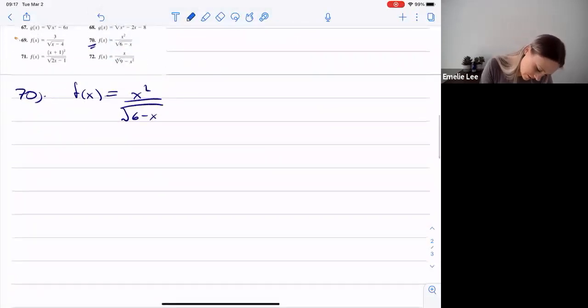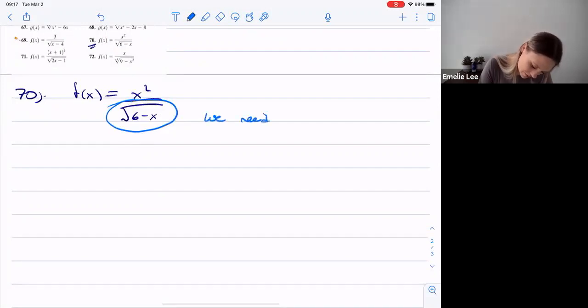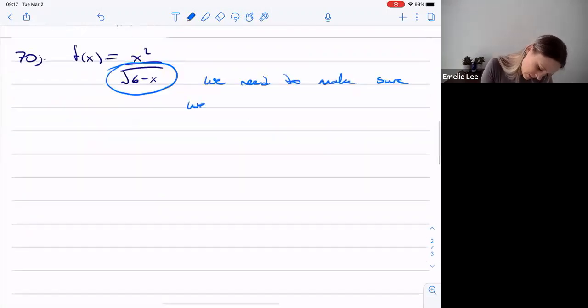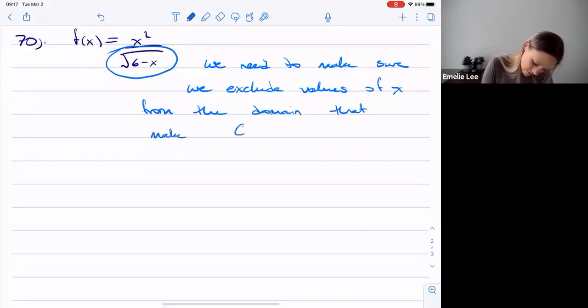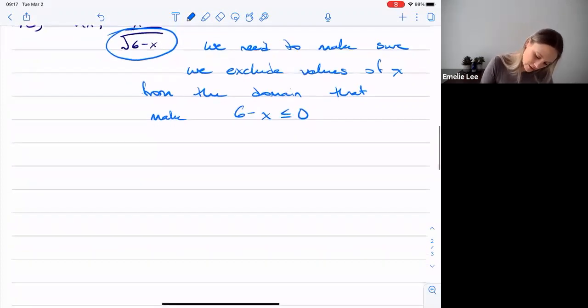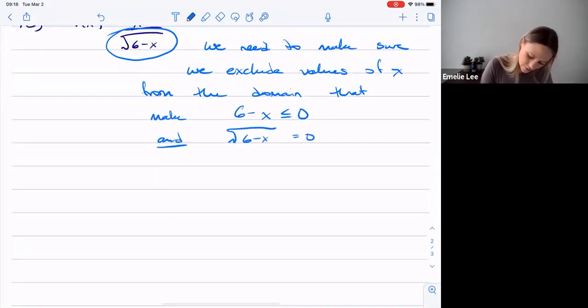So here, we need to make sure we exclude values of x from the domain that make 6 minus x less than or equal to 0 and the root of 6 minus x equal to 0.